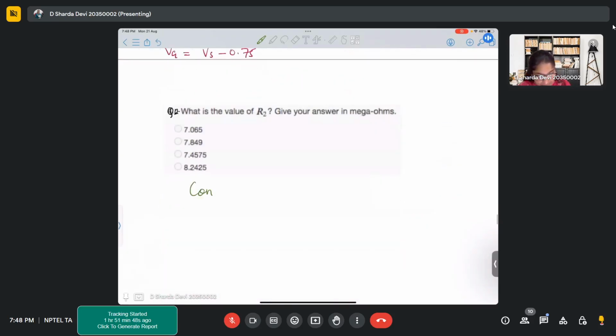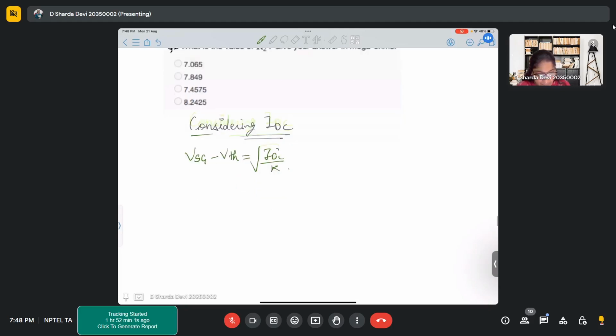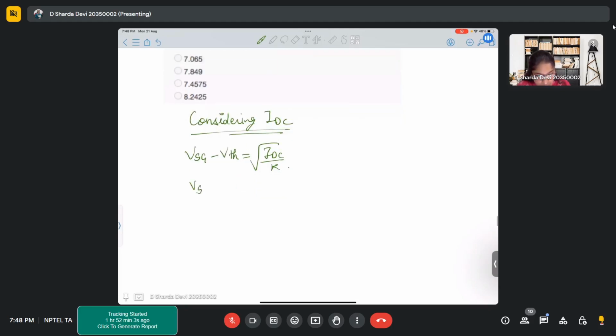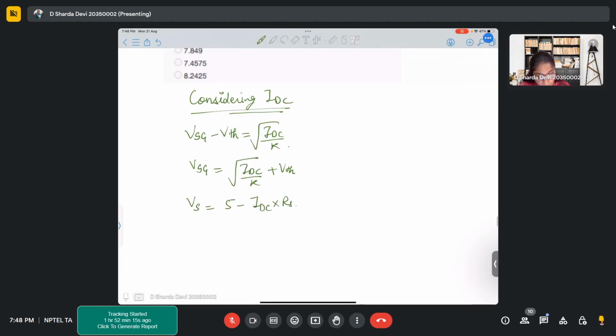Now considering IDC, if I solve, then VSG minus VTH is equal to under root IDC by K. So VSG is under root IDC by K plus VTH. VS is equal to 5 minus IDC into RS.